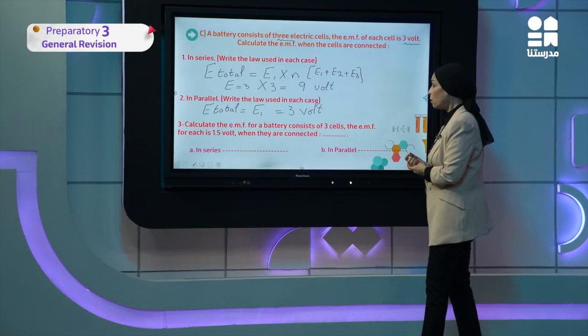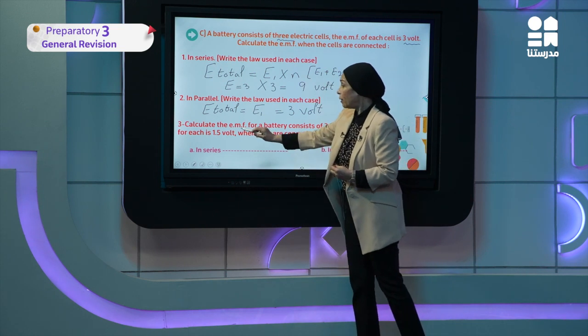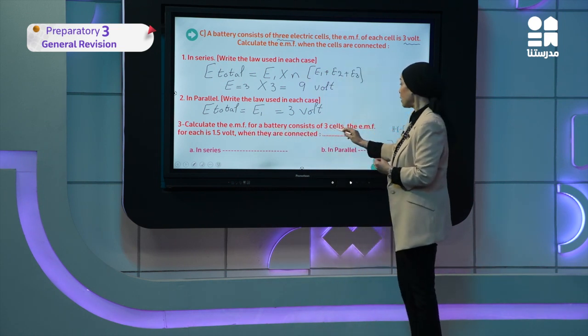طيب another kind of questions at the same type of problems. Calculate the EMF of battery consists of 3 cells.